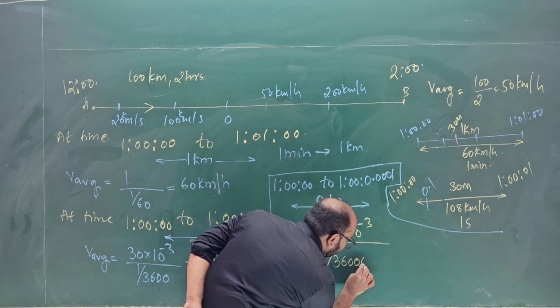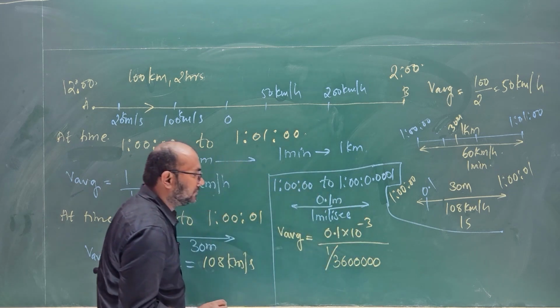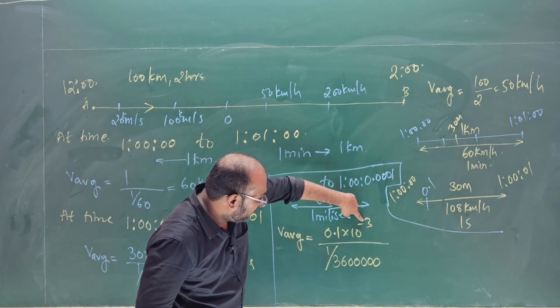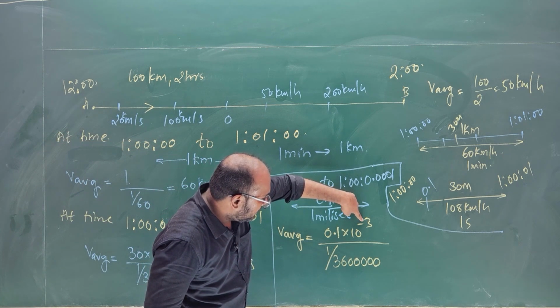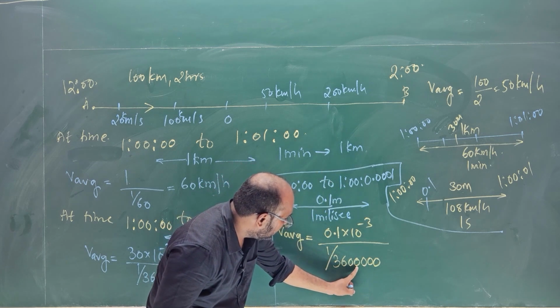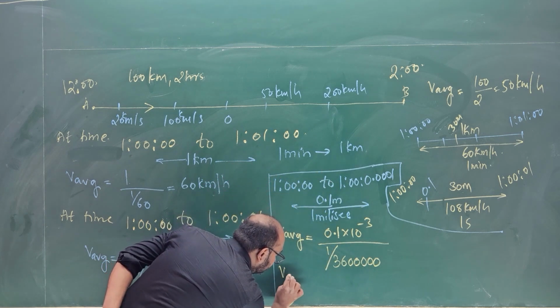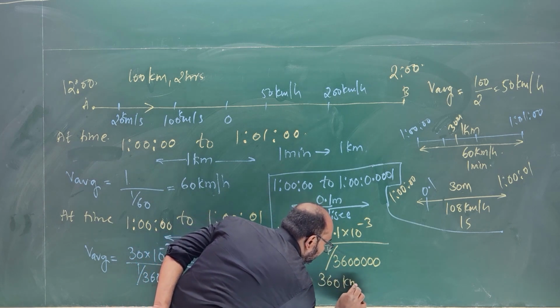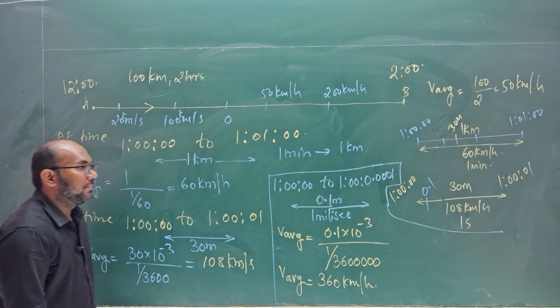That means I have to multiply this by 1000, which can be written as 10 to the power of minus 4, and this goes to the numerator. That means V average is 360 kilometer per hour.